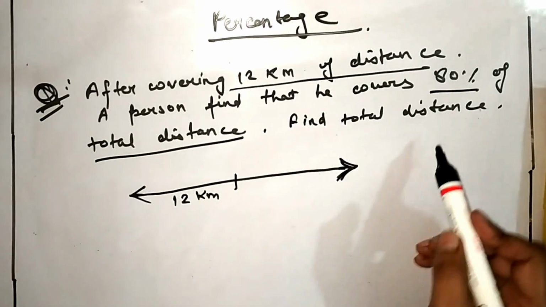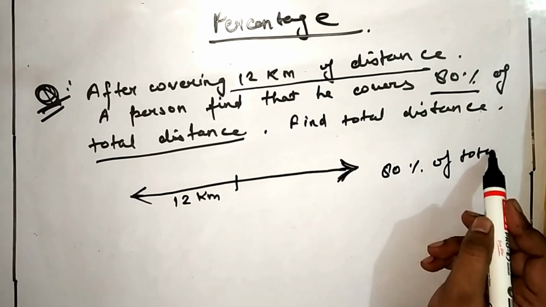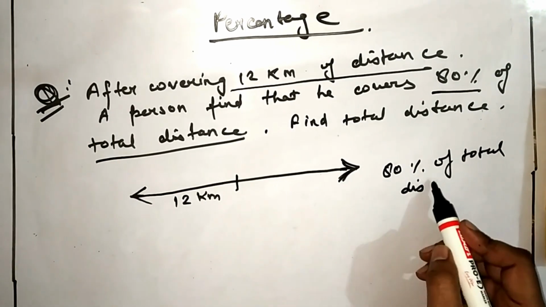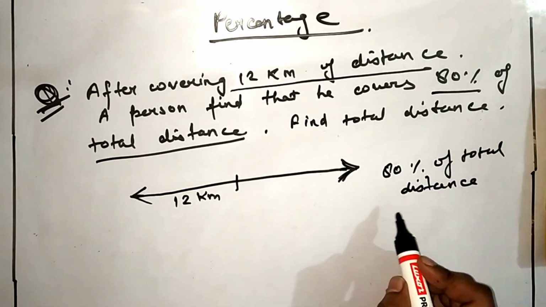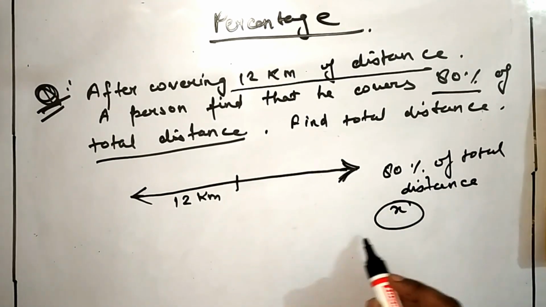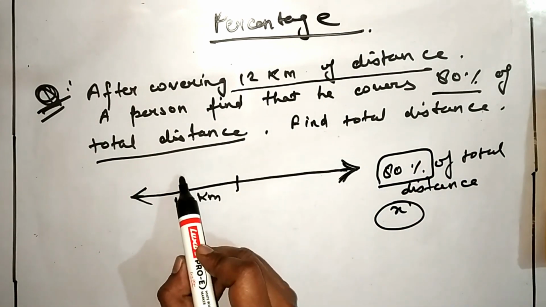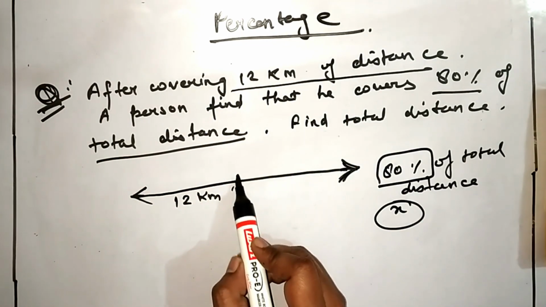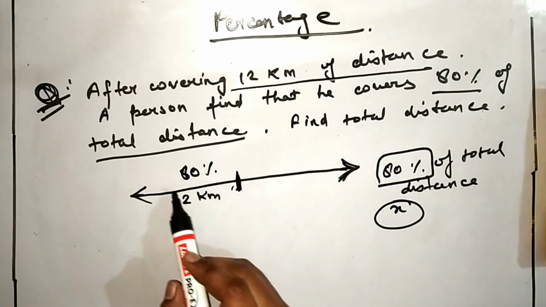Meaning what? 80% of the total distance, meaning what? There might be a distance x. 80% of total distance means after covering 12 kilometer he is here, a man is here, he covers only 80% of the distance.